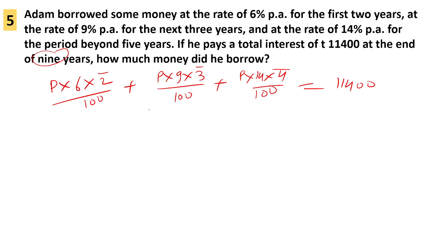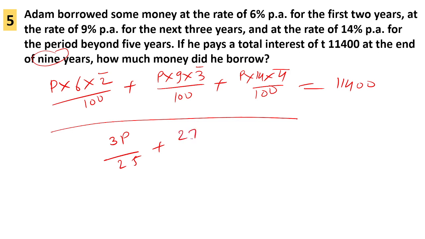equal to 11400 will be the simple interest. So we have to just solve this equation. Okay, it is very simple. So we will get 3P by 25, plus 27P by 100, plus 14P by 25, equal to 11400.